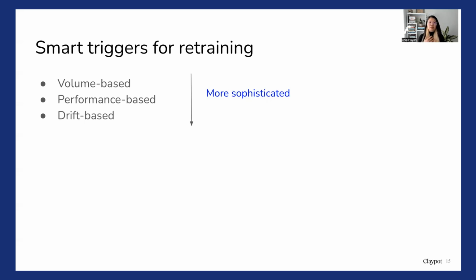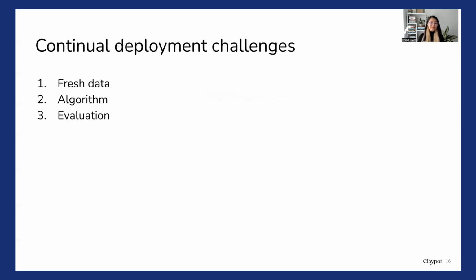Some customers have more traffic than others, so they don't want to retrain all customers' models on the same cadence. So they want to say, whenever a customer has data exceeding a certain threshold, retrain. Or performance-based, also drift-based. Drift-based is extremely hard to do.